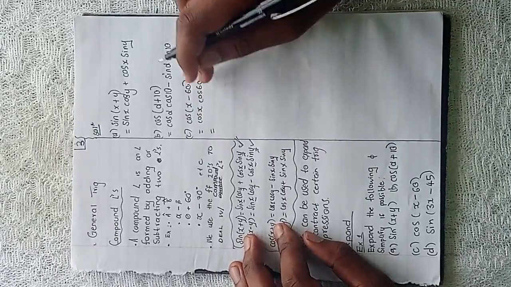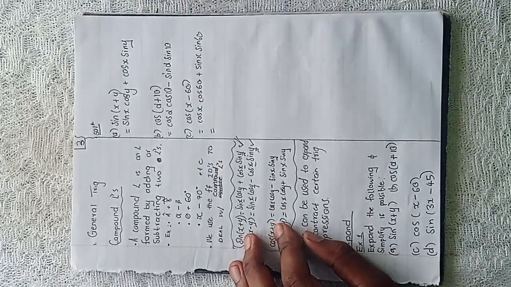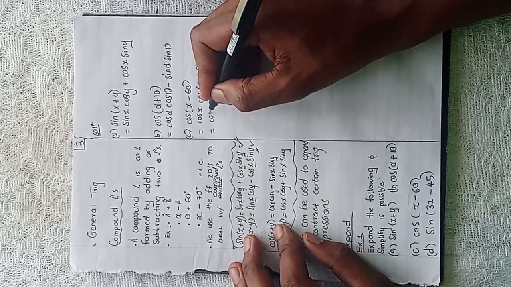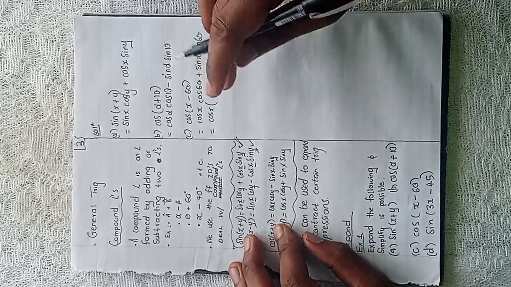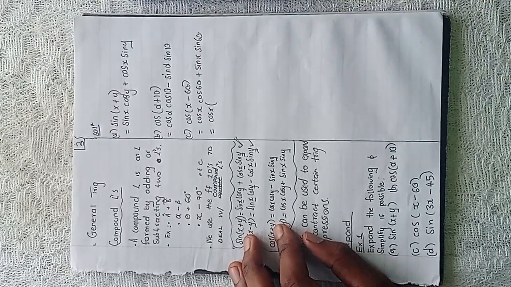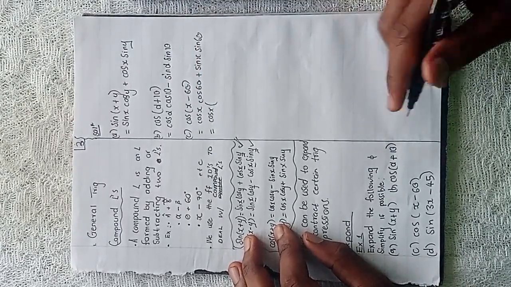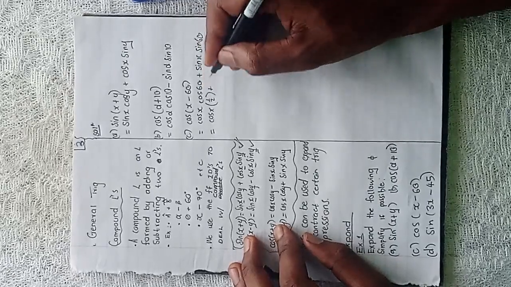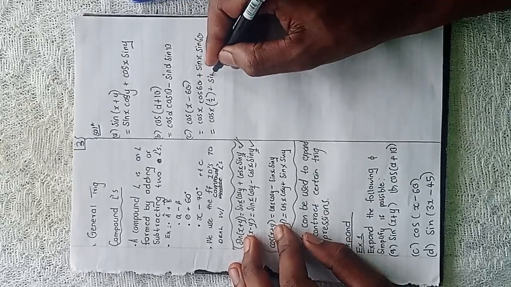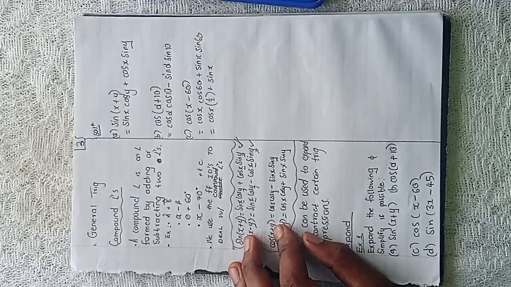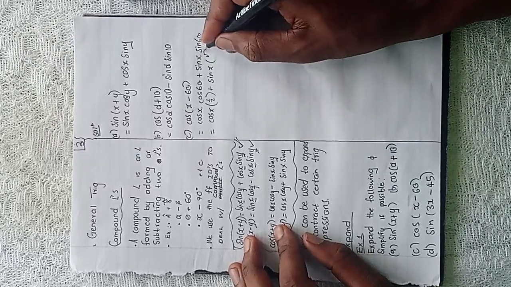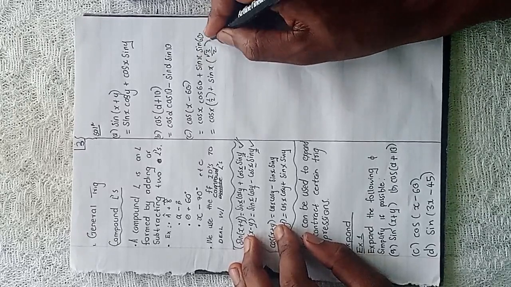But I know I can calculate cos 60. If I punch it into my calculator, cos 60 I get 1/2, and sine 60 I get root 3 all over 2.